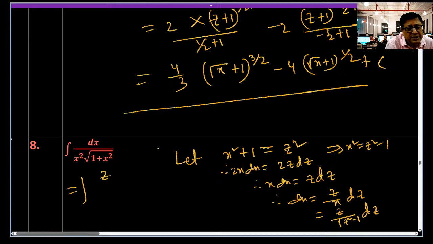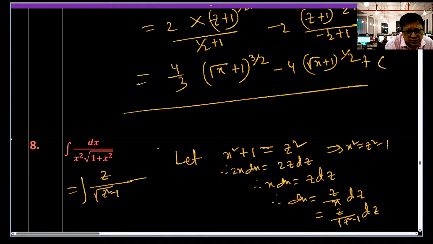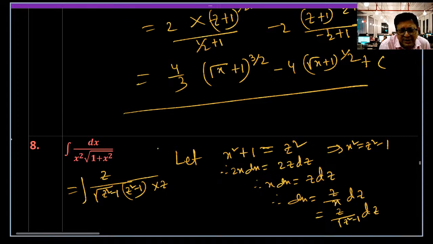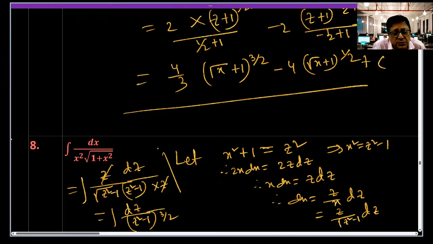dx is z by root z square minus 1, z square minus 1, and this thing is going to be z into dz. So this thing gets cancelled, but there is another problem here. dz by z square minus 1 to the power 3 by 2.